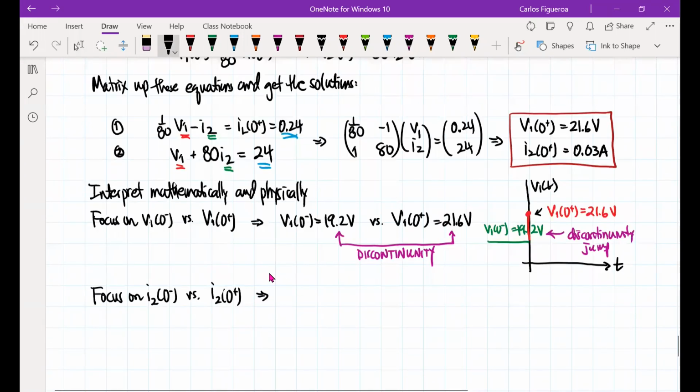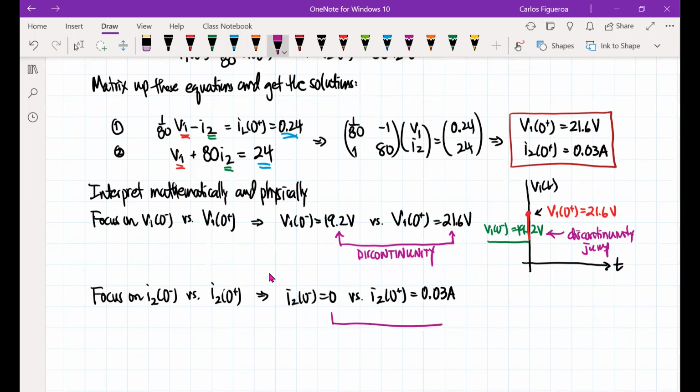So in this case, I2 of 0 minus was clearly 0. But if I look at what I2 is afterwards, you could see that that's 0.03 amps. So this clearly tells us that we have a discontinuity.